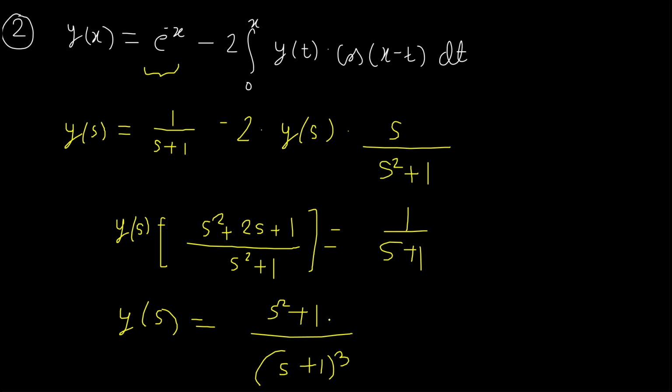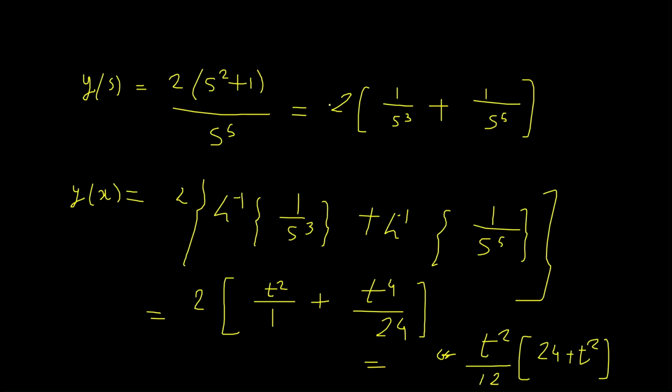Now we can clearly see we can simplify the numerator as s plus 1 whole square minus 2s upon s plus 1 cube.